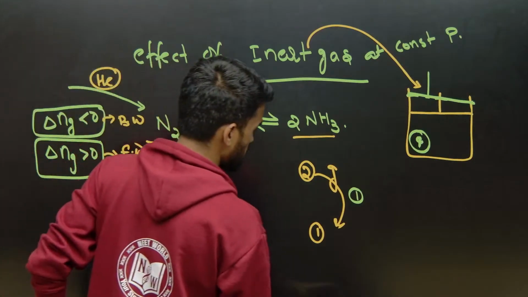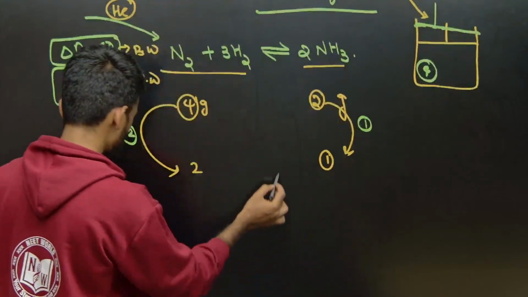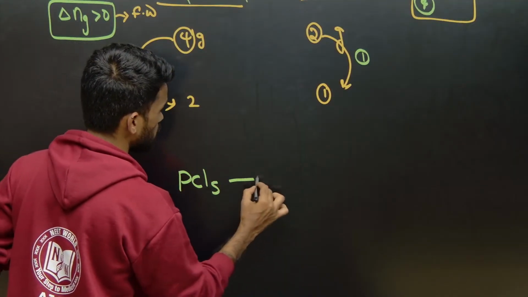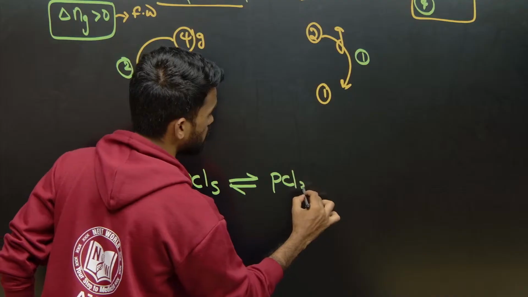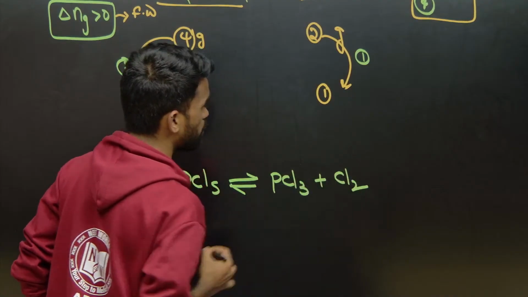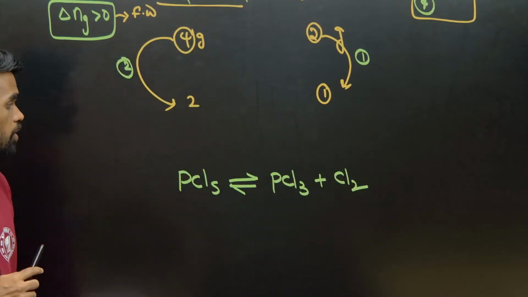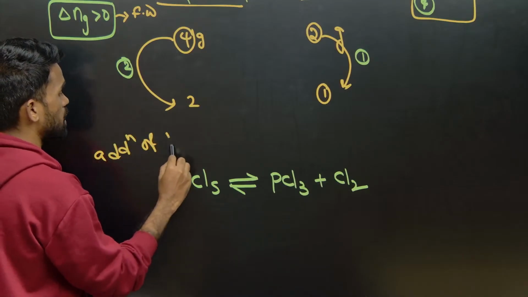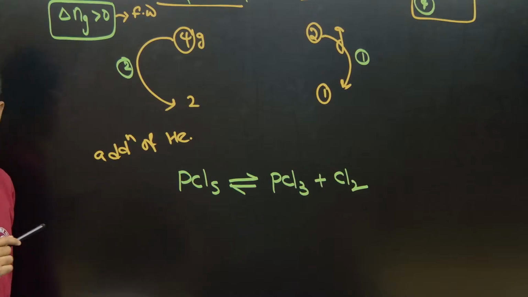So once again, for this PCl5 dissociation, tell me which side equilibrium favors. Forward. Consider all of them are in gaseous state. Forward. So addition of helium gas favors the reaction on which side? Forward.